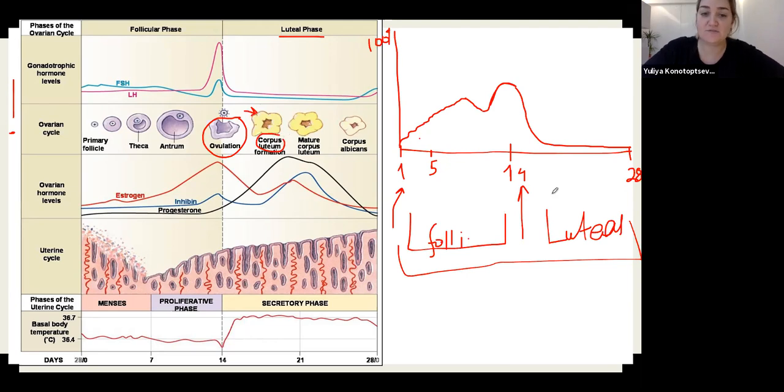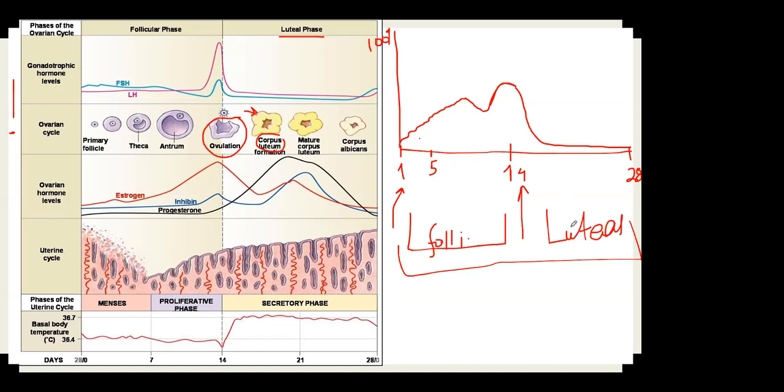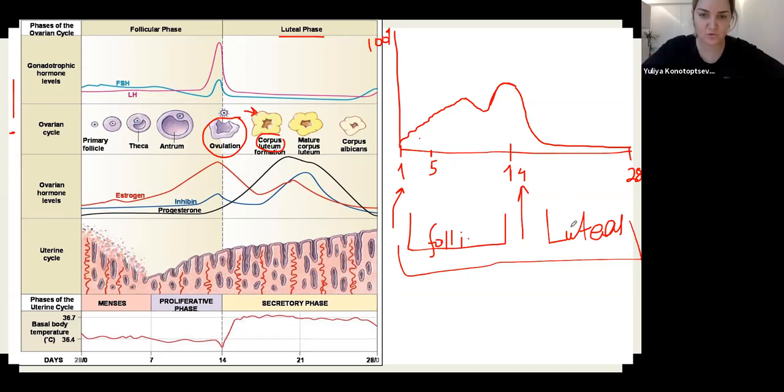As a result, this phase is known as the luteal phase. Which hormone will be the highest in the luteal phase? The LH, luteinizing hormone. To influence the corpus luteum, you will need luteinizing hormone.